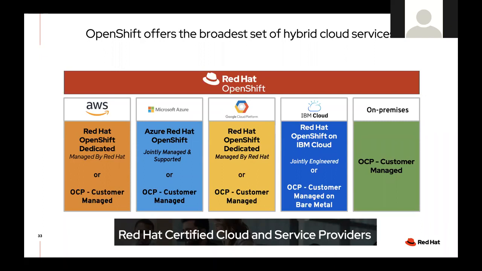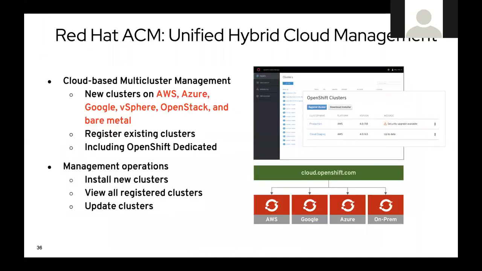So we have a complete offering for how you want to deploy, how you want to modernize your applications. And as you want to take them to the public cloud, we can also offer you managed and unmanaged deployment options. So you cannot find this variety of options with any other provider for hybrid cloud deployments.